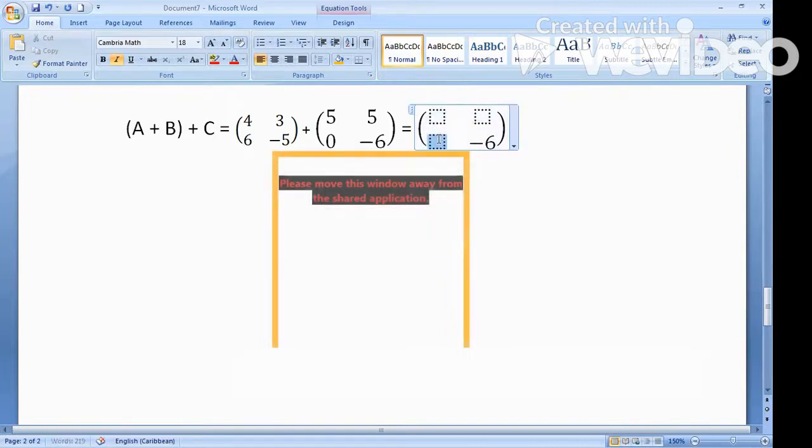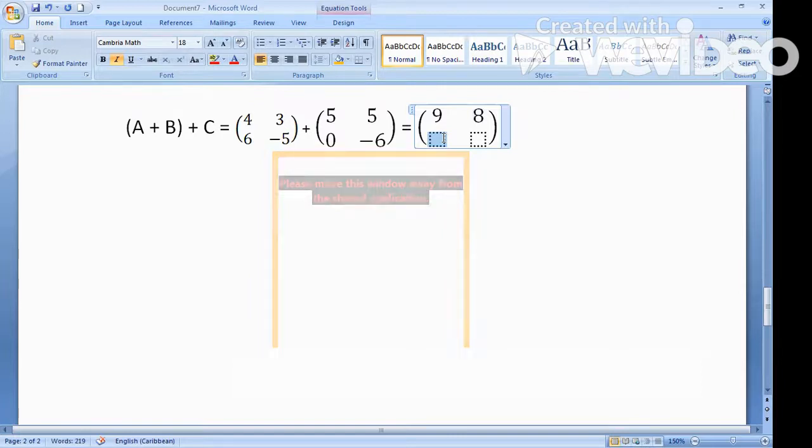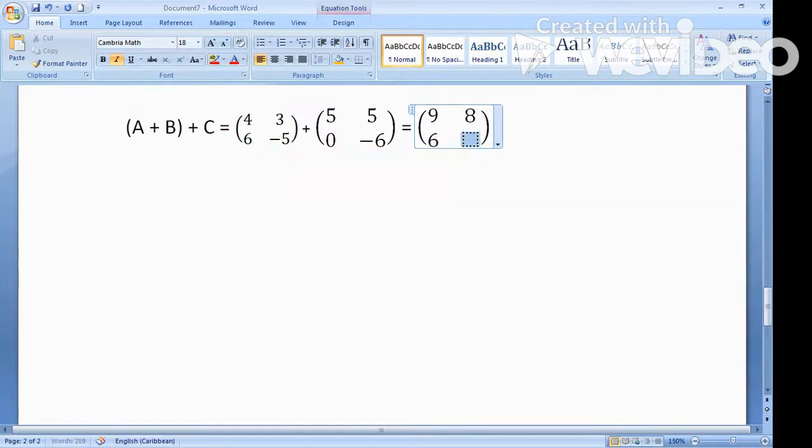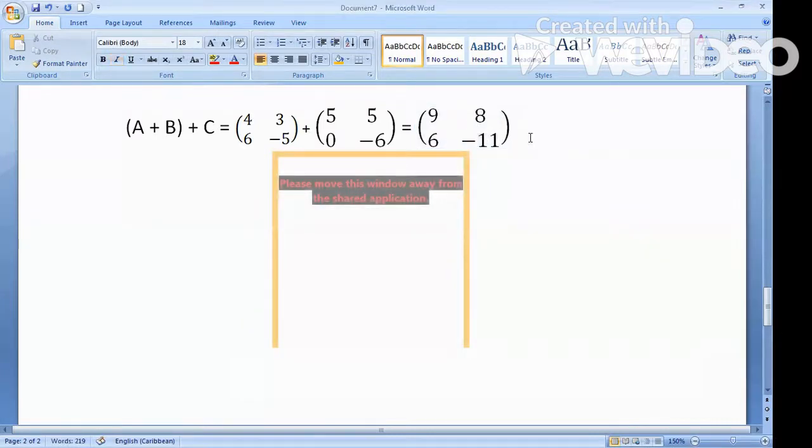Hold on. 8. Negative 11. Which is right. Everybody agree? Yes, sir. Right, so this is the what? This is the left hand side.